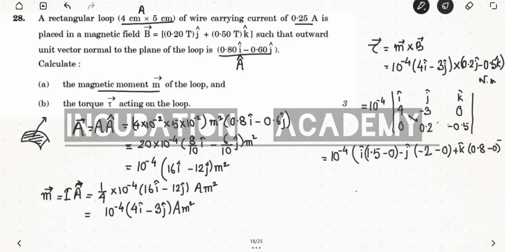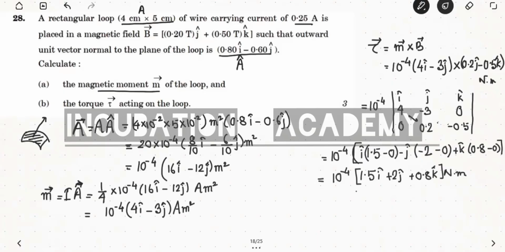Clear? So the torque is 10 to the power minus 4 times minus 1.5 i cap minus 2 j cap plus 0.8 k cap, in Newton meter.